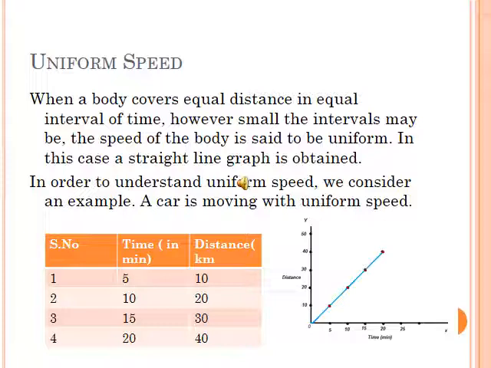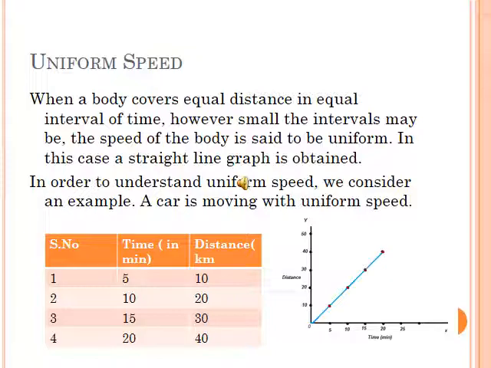In order to understand uniform speed, we consider an example. A car is moving with uniform speed. What does it mean? It means the car is covering equal distance in equal interval of time, as shown in the table. In 5 seconds, the car covers a distance of 10 meters.